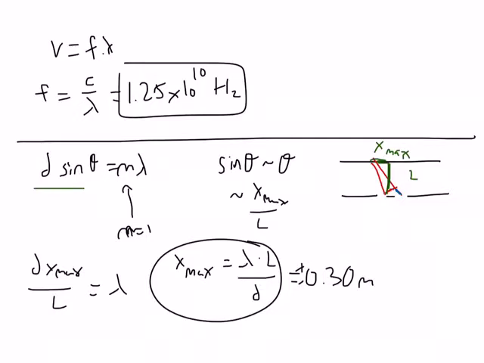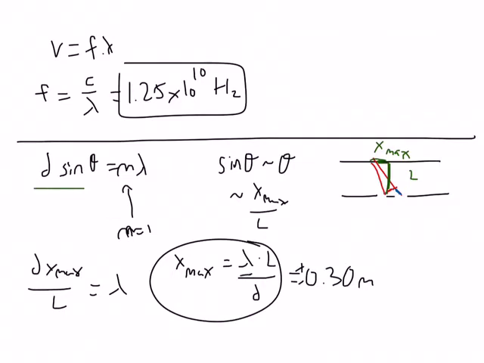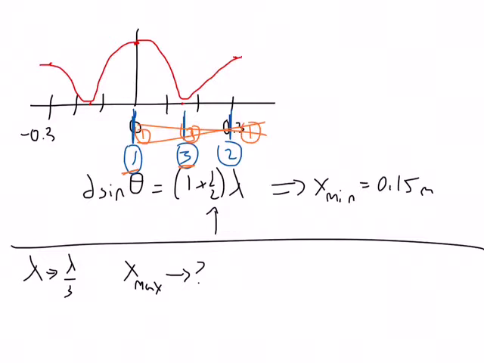So if we divide lambda by 3, we divide x max by 3. So that means it'll be at 0.1 meters. But since this is a linear function, if you double lambda, you double x max, and so on. This means that we'll also have maxima at plus or minus 0.1, 0.2, and then the last one at 0.3.